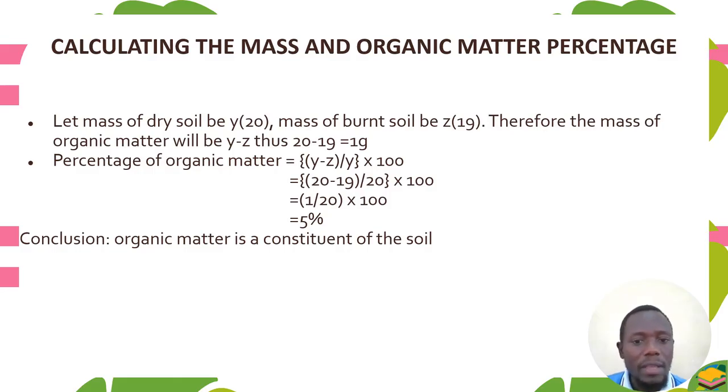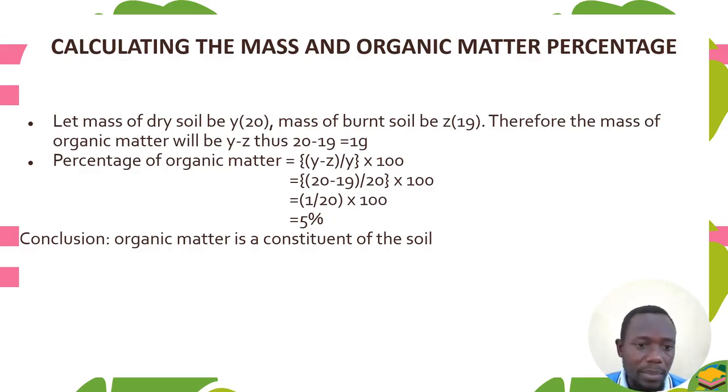Then the mass of the burnt soil, which is Z, is 19. Therefore, the mass of organic matter will be the mass of the dry soil minus the mass of the burnt soil. If you subtract, you find that it comes to 1 gram.